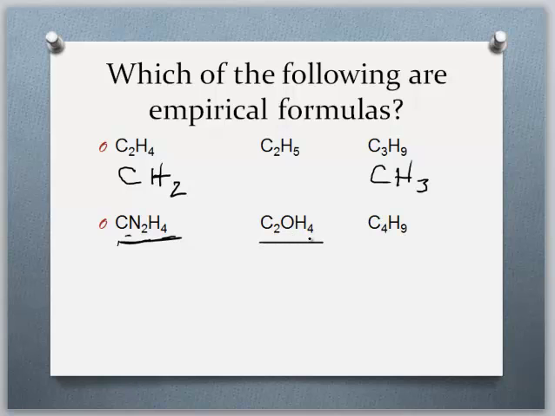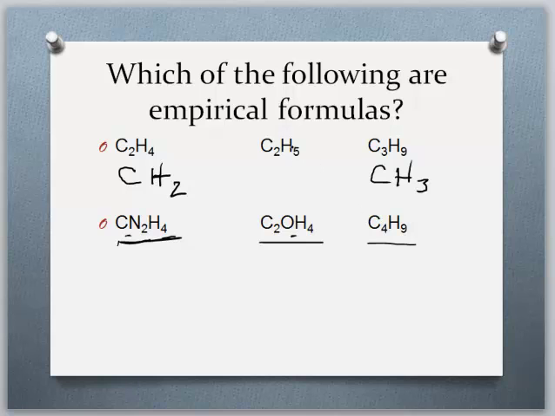The 2 and the 4 are reducible. However, you've got a subscript of 1 for the oxygen, so you can't reduce that formula any further. C4H9 falls into the same category. You can't reduce that to a lower whole number ratio. You can't divide both of them by 2.